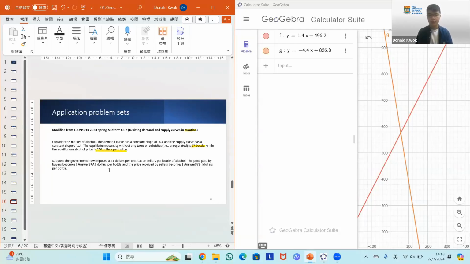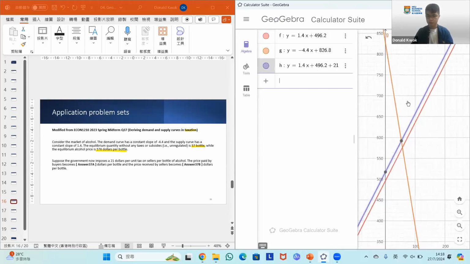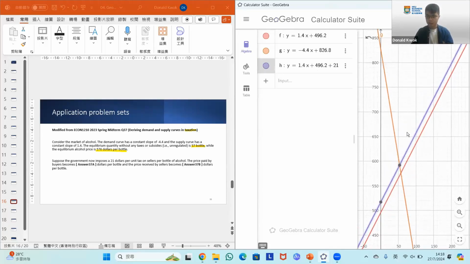So this is why we shift the supply curve upwards by the amount of the per unit tax, $21. It is simply adding 21 to the y-intercept. The red upward sloping curve is the original supply, whereas the purple upward sloping curve is the new supply after taxation.